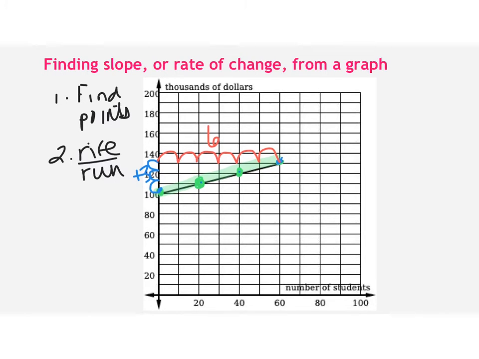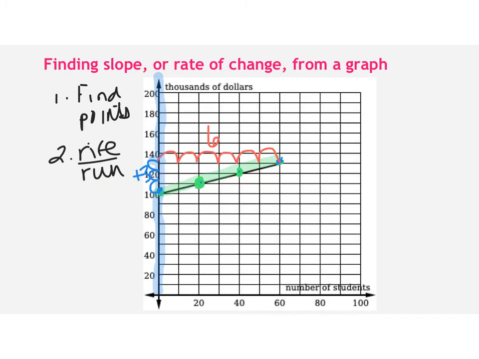So we might be tempted to say that my rise over my run is 3 over 6. However, I've really got to pay attention to the axis. If we look at our y-axis here, I see that it's actually going up by tens.